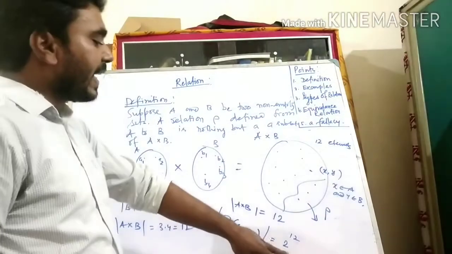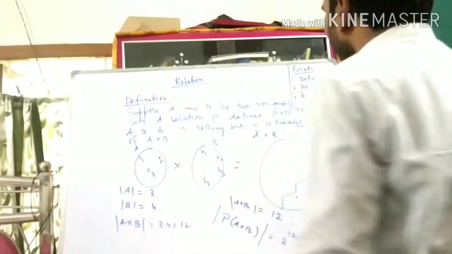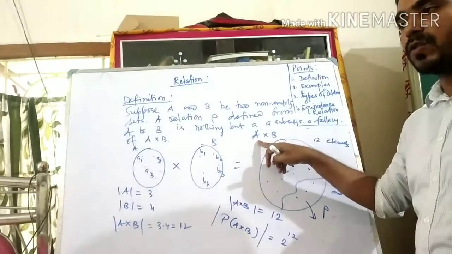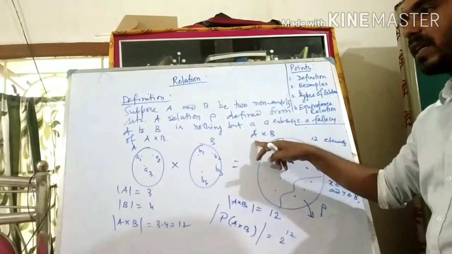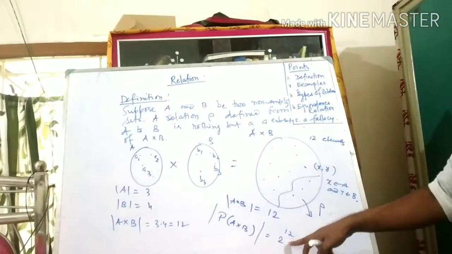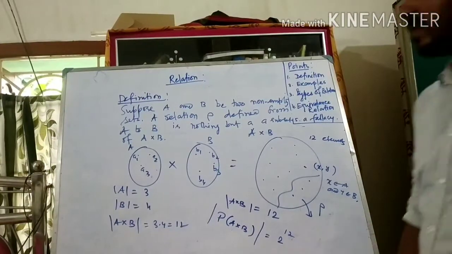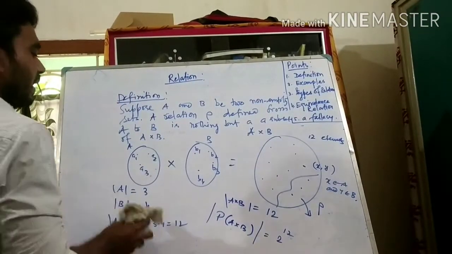So we can get 2 to the power 12 subsets of A cross B. So how many relations can we get from A to B? The number is 2 to the power 12. So this is the mathematical definition of a relation.